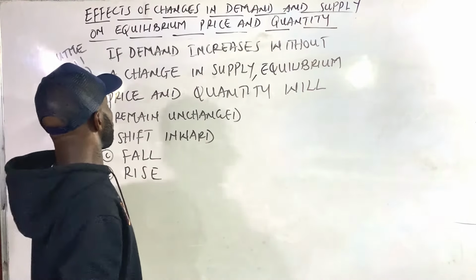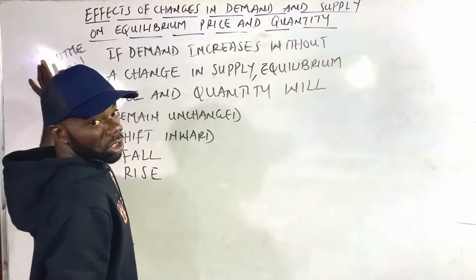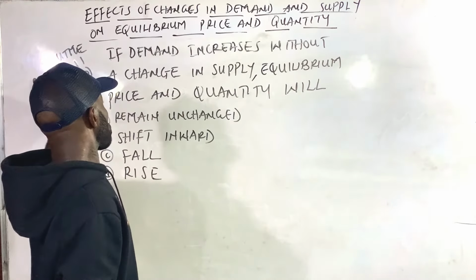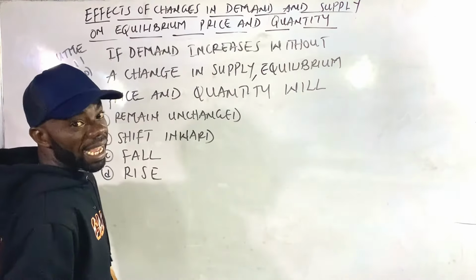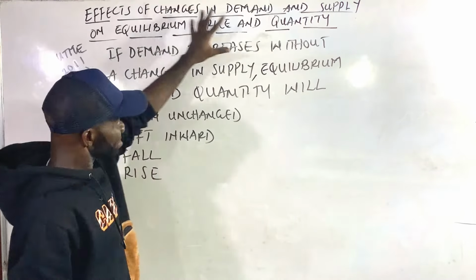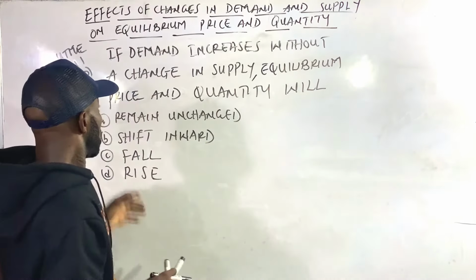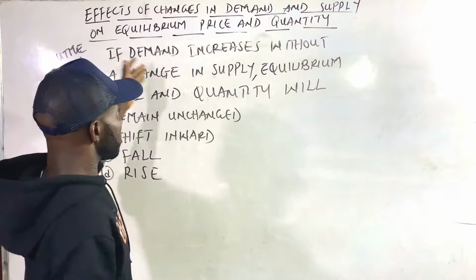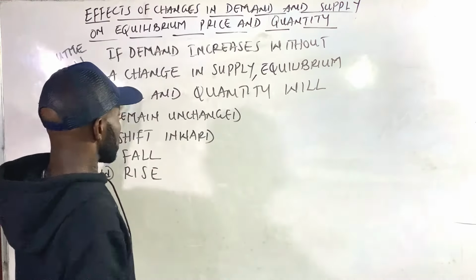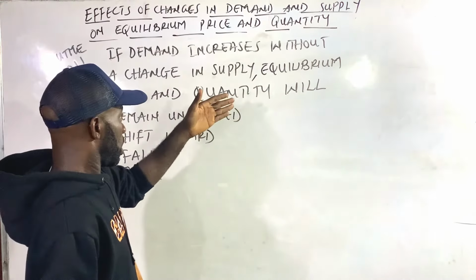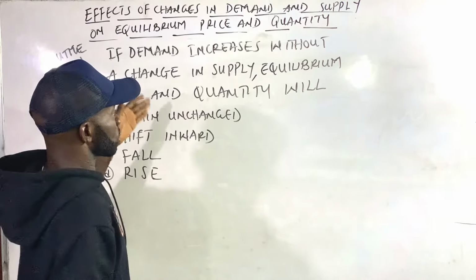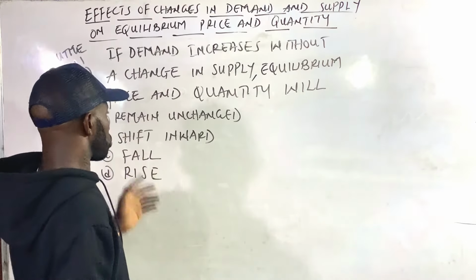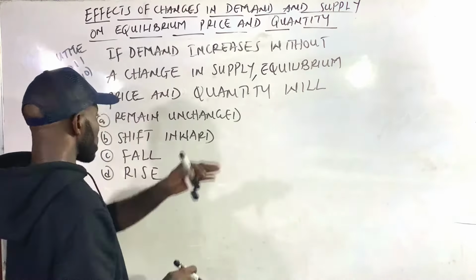Considering a question from UTME, which is also known as JAMB, 2011 question 10 on this same topic. We have a question that says, if demand increases without a change in supply, equilibrium price and quantity will do what? The options are here.